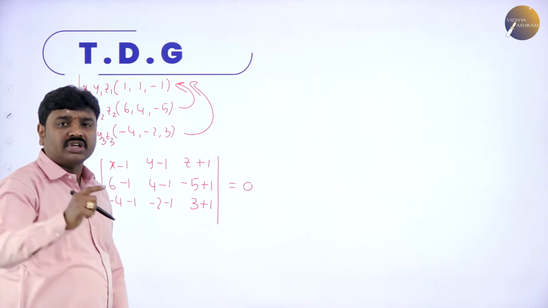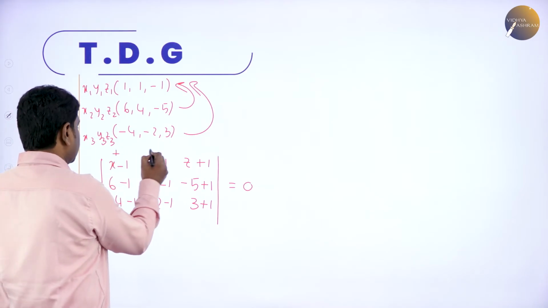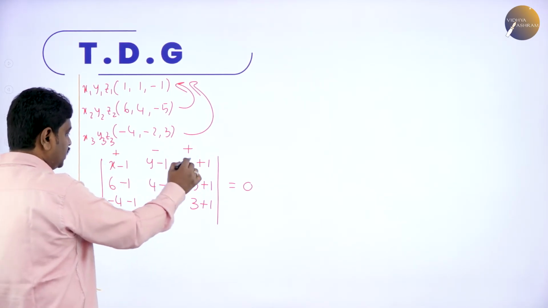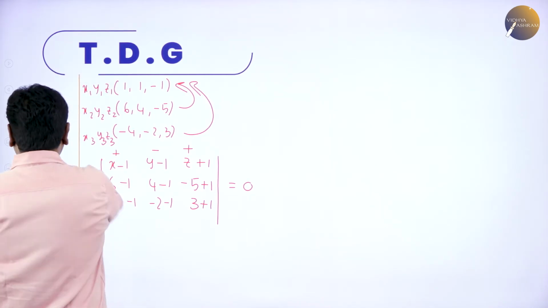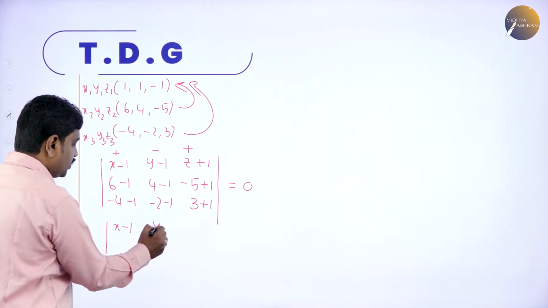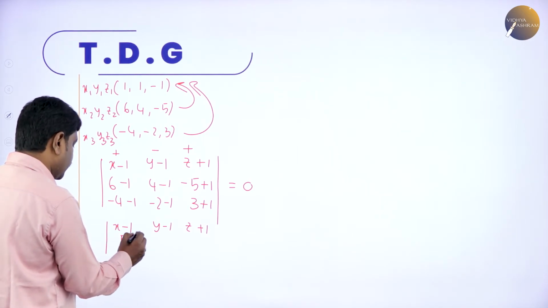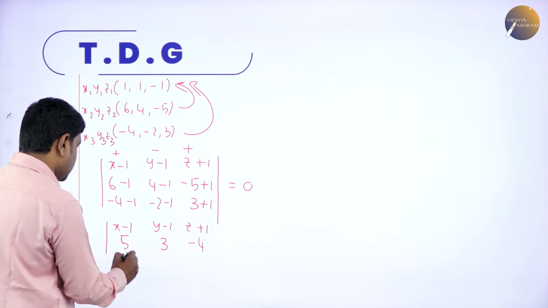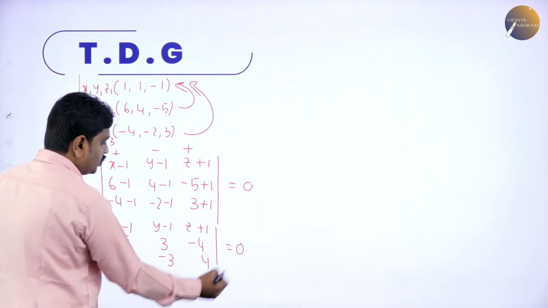0. All of you know how to expand a 3 by 3 determinant. That is plus minus plus. Before that, let us simplify this. So x minus 1, y minus 1, z plus 1; 6 minus 1 is 5, this is 3, this is minus 4; this is minus 5, minus 3 and 4 is equal to 0.